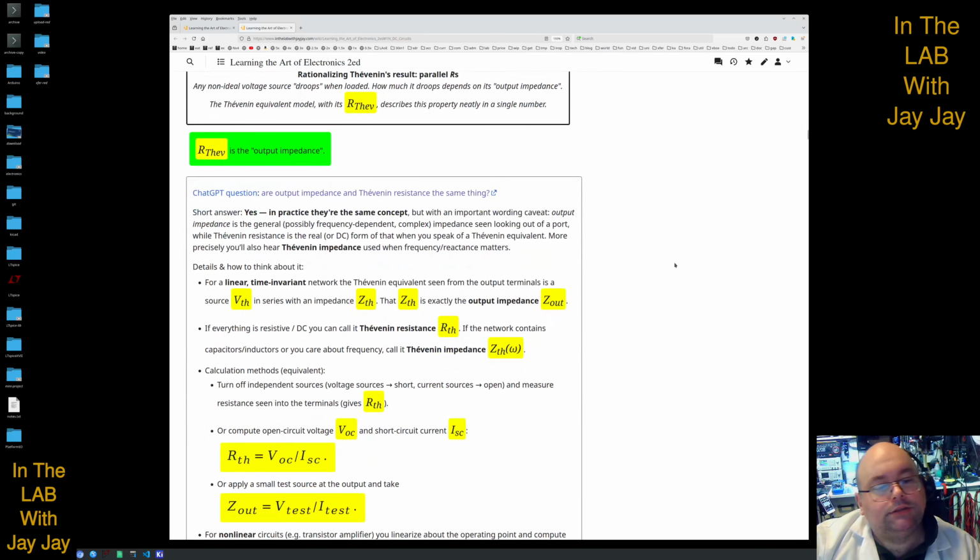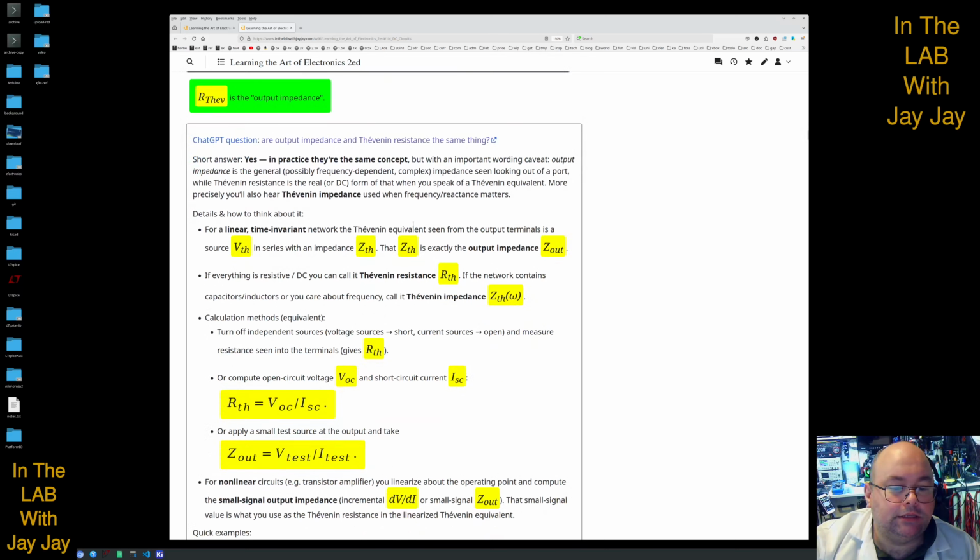So now here's a little innovation that I've been introducing in the notes. I don't know if I'm going to keep doing this, but I asked ChatGPT, are output impedance and Thevenin resistance the same thing? And it said the short answer is yes. In practice, they're the same concept.